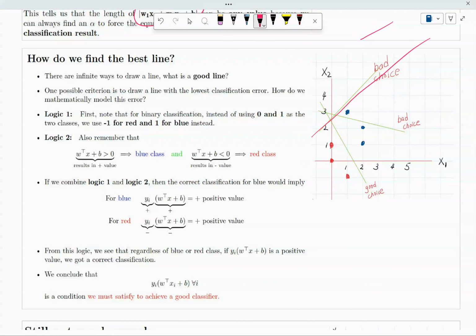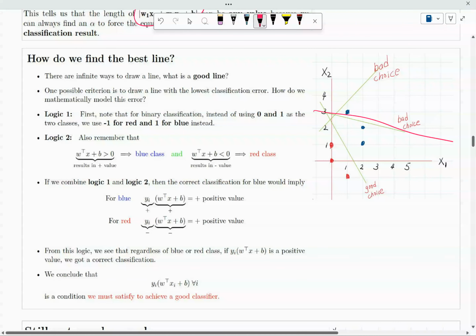You can also draw this line and say everything above is blue, everything below is red. So this would be a bad choice, right? This one will also be a bad choice, and this would be a relatively good choice. So how do you know what is a good and what is a bad choice when you have essentially infinite ways to draw lines, right? How do we mathematically then model the concept of a good choice?